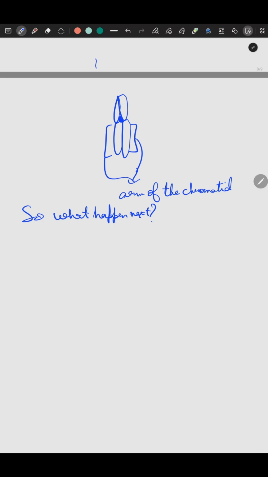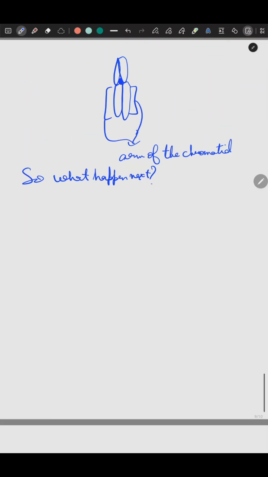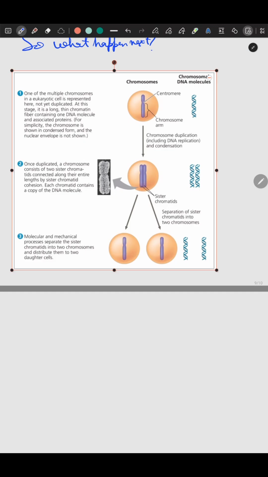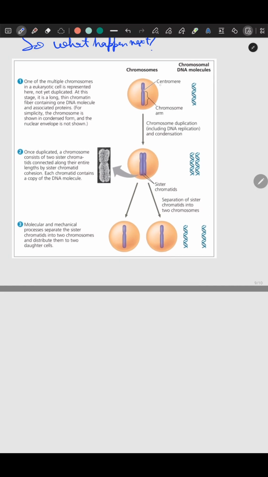So what happened next is the division took place. I have a better picture for this. Here you can see the centromere, this point, and the chromosome arm that I told you about above, and DNA replication and condensation start. What is replication?